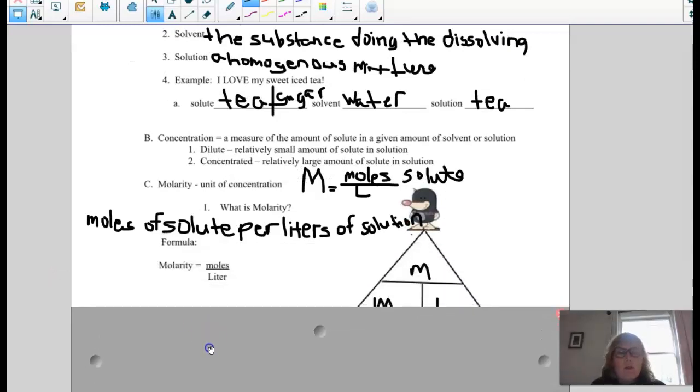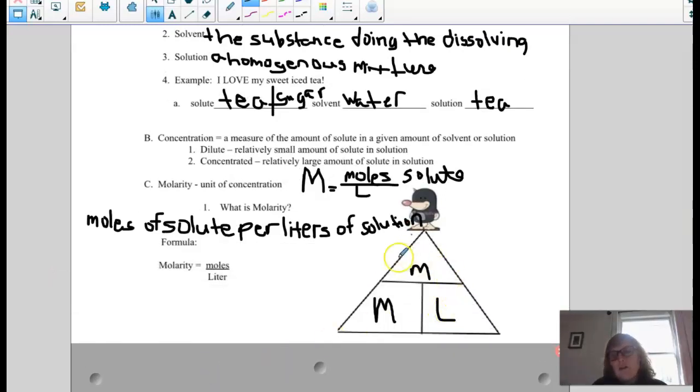The formula is moles over liters. I also put the triangle over here, which would be very helpful. Remember we've done this in class: if you cover up big M, molarity is equal to moles divided by liters. If I want to find moles, and the abbreviation for moles is just M or MOL, I cover up moles and take molarity times liters.